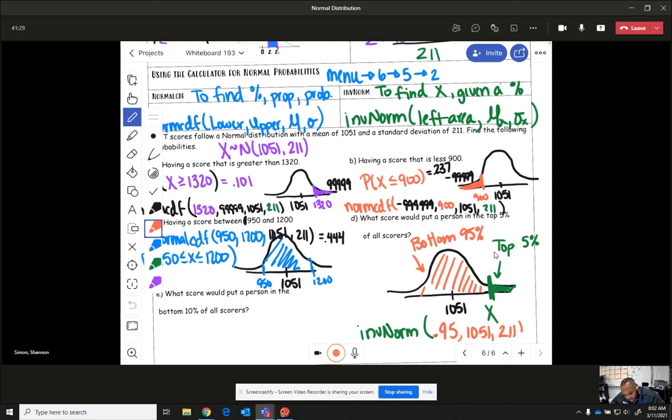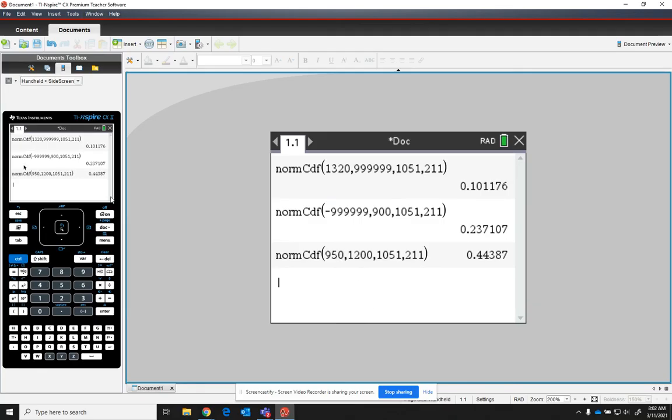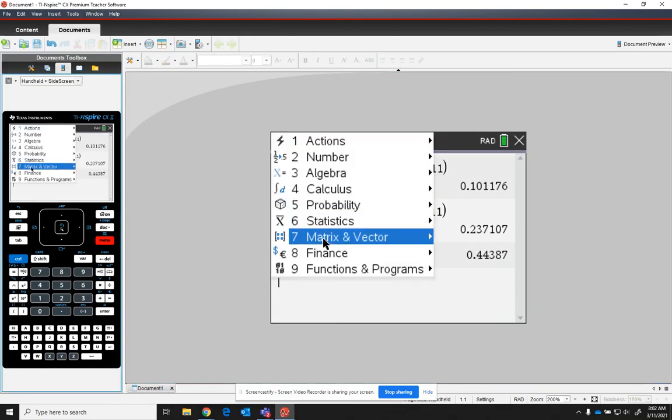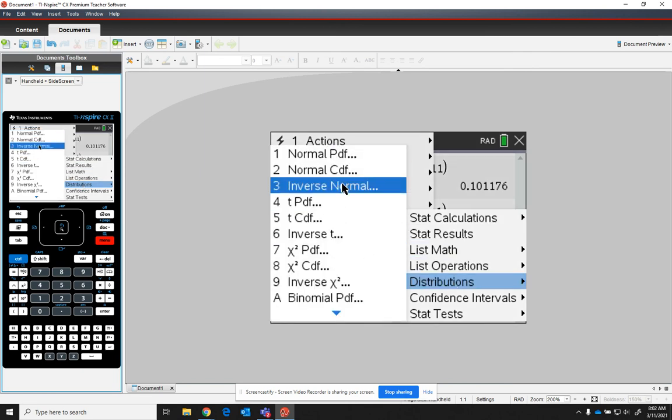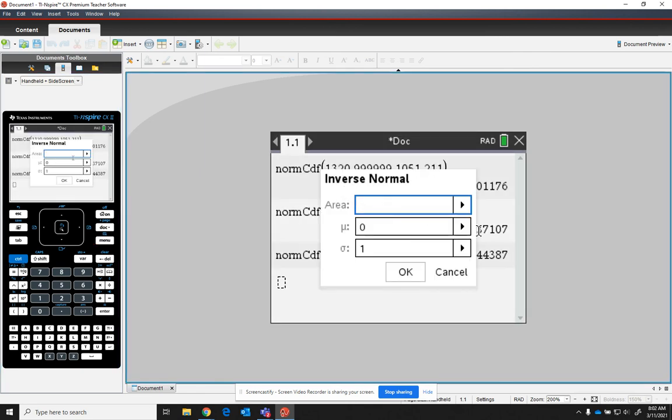To get to this function, it's menu 6, 5, 3. So I go menu, 6, 5, inverse normal, 3. It wants a left area expressed as a decimal, 0.95, then the mean, 1051, and the standard deviation, 211.